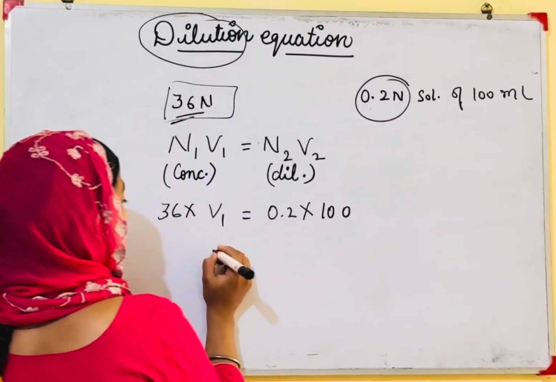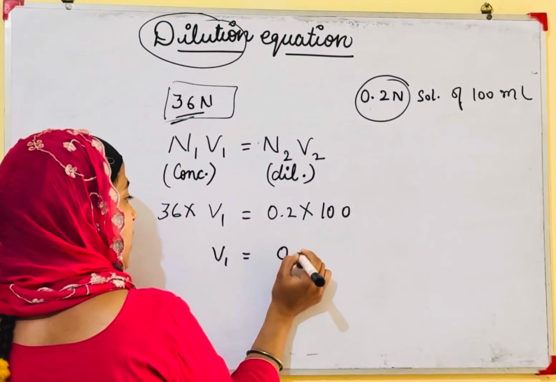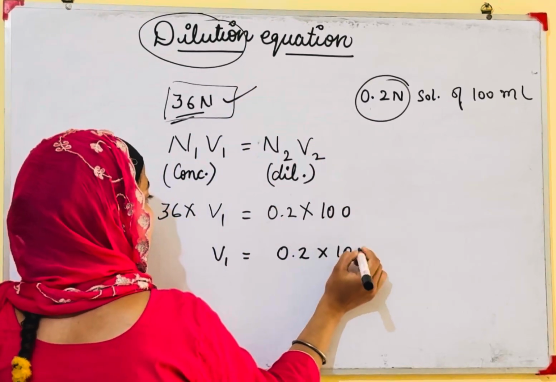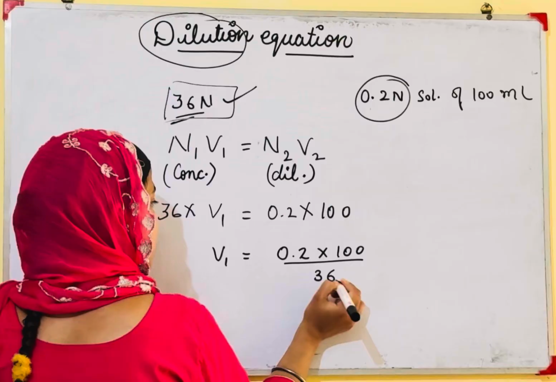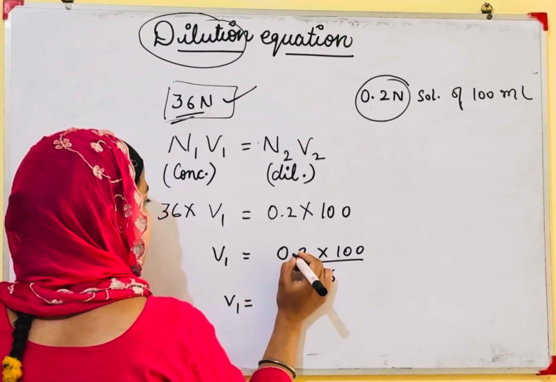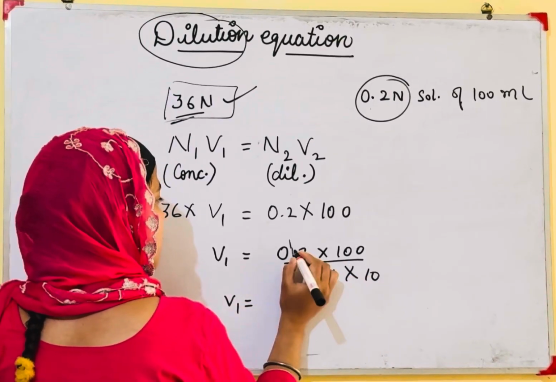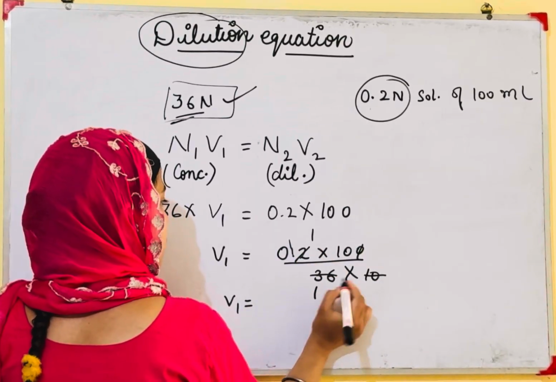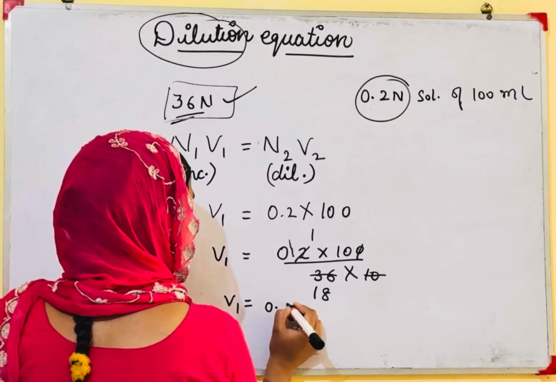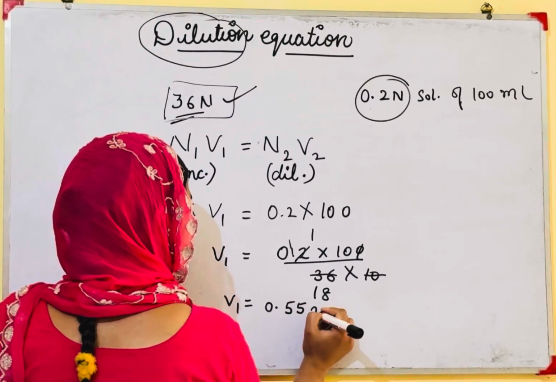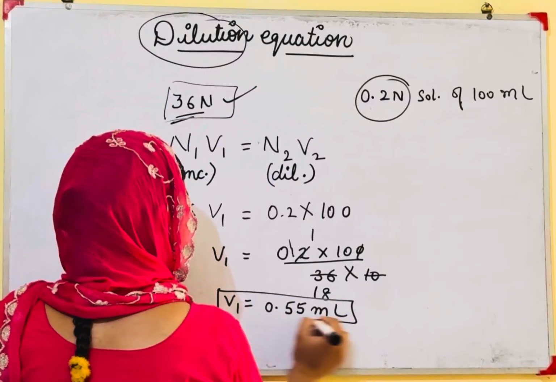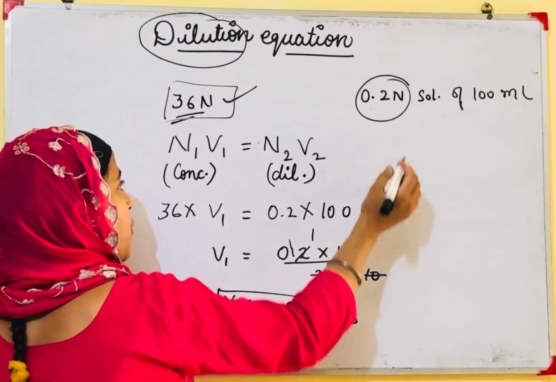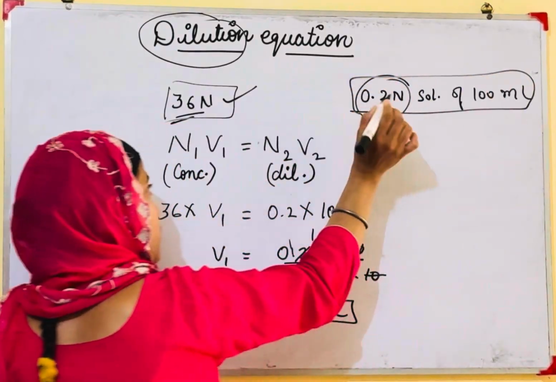On solving this equation, you will get the value of how much of this solution you have to take. 0.2 times 100 divided by 36, it will become 0.55 milliliter. So this much amount of this solution will be required to make this normality of solution.